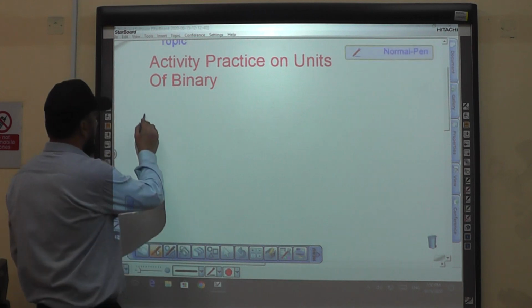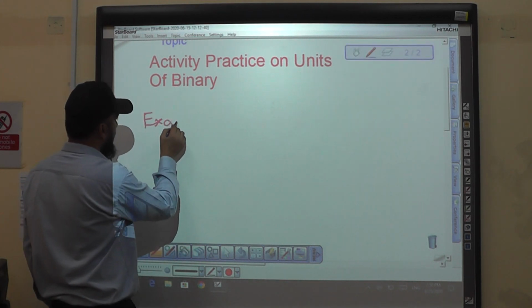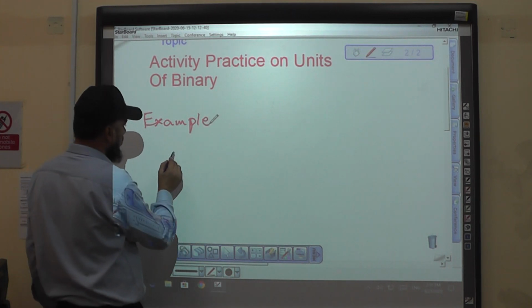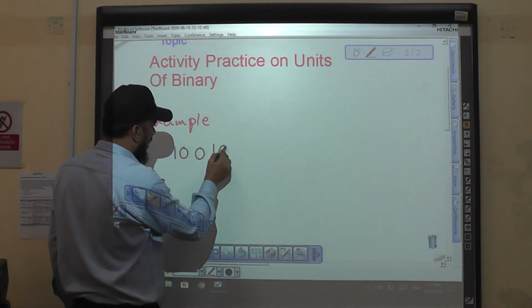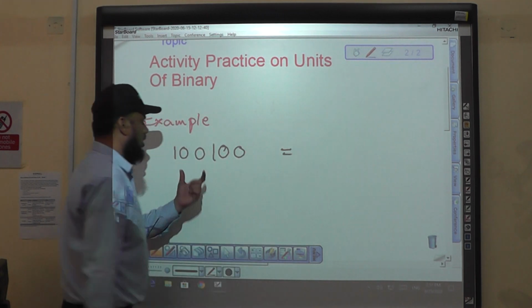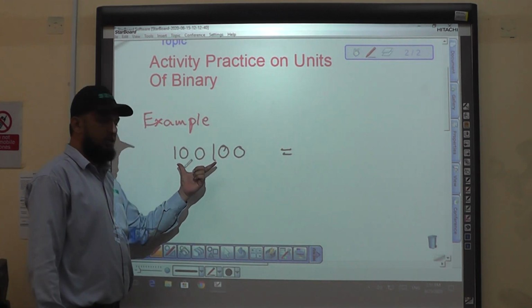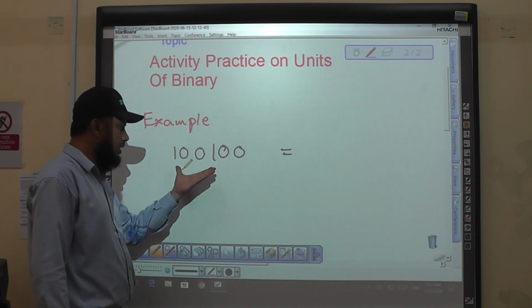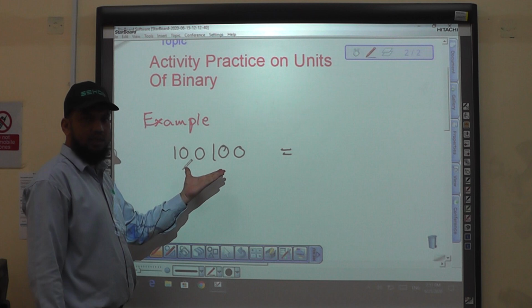The first question is an example. For example, this is the example question. We have to know how many bits are there, how many nibbles are there, and how many bytes are there.